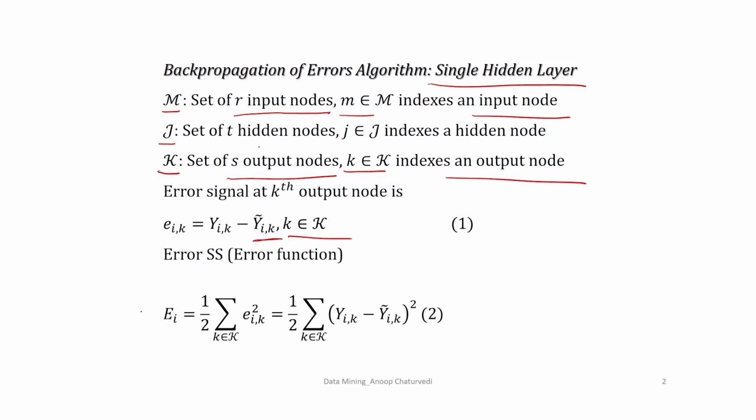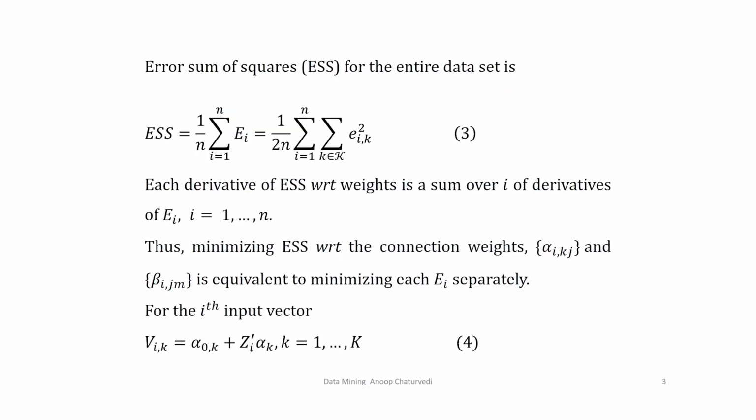This is the error sum of squares for a particular i, and this is equal to the sum over k of y_ik minus y curl_ik whole square. The error sum of squares for the entire data set is obtained by taking the summation of E_i for all i equal to 1 to n.